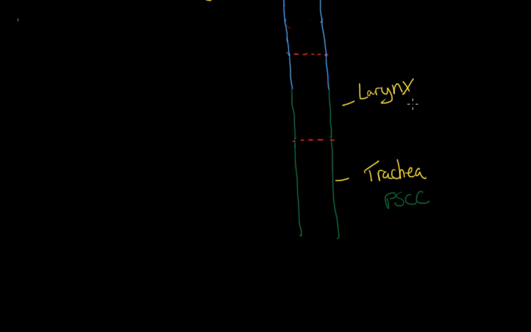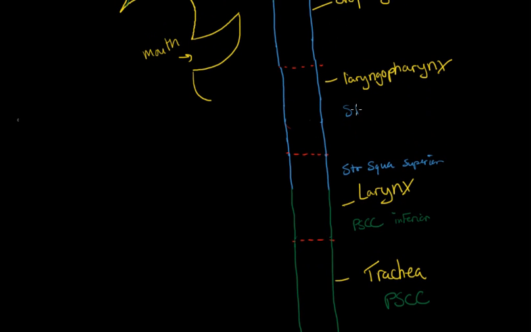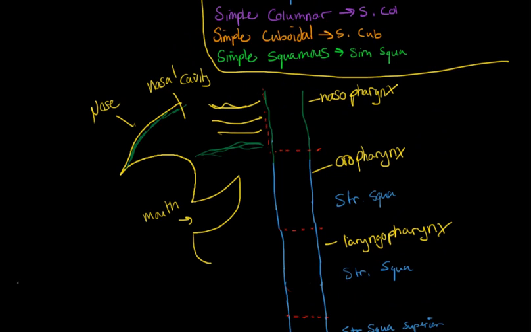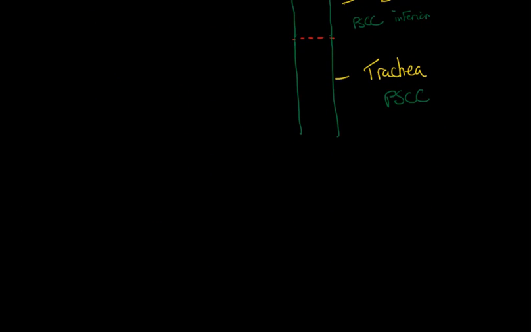Pseudostratified ciliated columnar inferior and stratified squamous superior. Stratified squamous. And then back to pseudostratified ciliated columnar. Cool. Just keep reminding you of that.